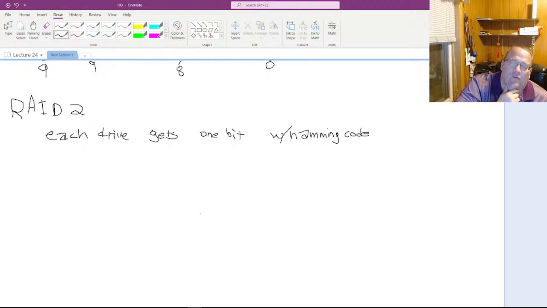If you're going to do an 8-bit byte, because you have to have 3 Hamming bits, and that's 1, 2, and 4 in order to get there. Actually, no, it's 1, 2, 4, 8, so it's 12 drives. Because that's what it requires for Hamming. So, that's the problem with this one. This is theoretical.